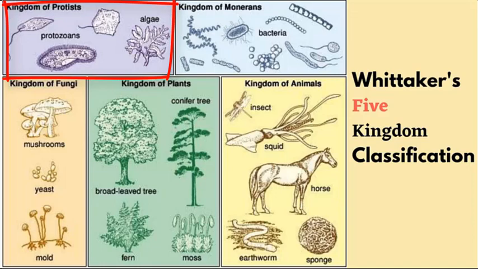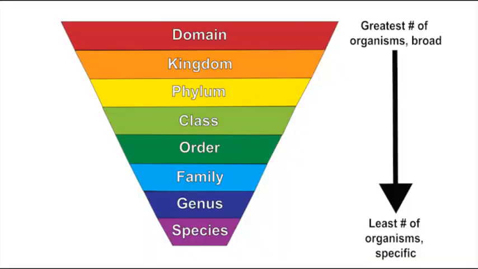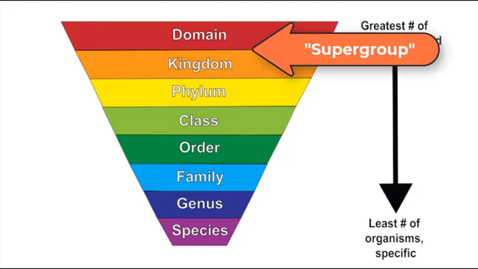There are actually an estimated 14 kingdoms of protists. But don't worry, because I'm not going to make you learn 14 kingdoms of protists. But we do need to make some changes because of this. That change is a classification level between the domain and kingdom levels.